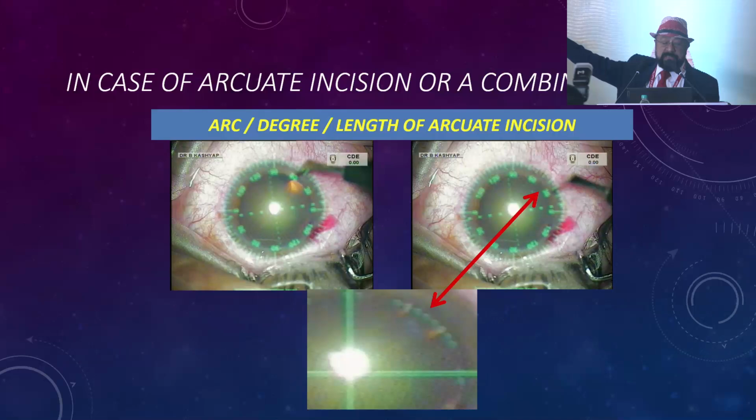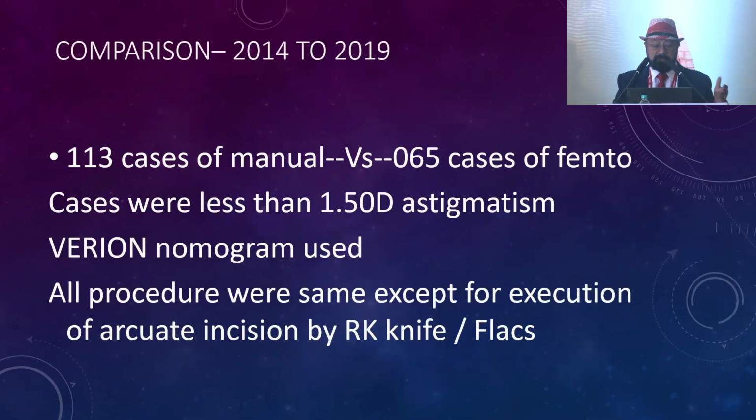On the left hand side you see, when you go for an incision, they tell you the degrees. And in the lower one, you see the rhexis marks. With the help of these two, you can use your Arcuate knife and do the surgery and have the astigmatism corrected. We have done the studies.